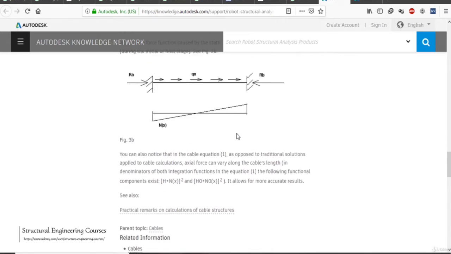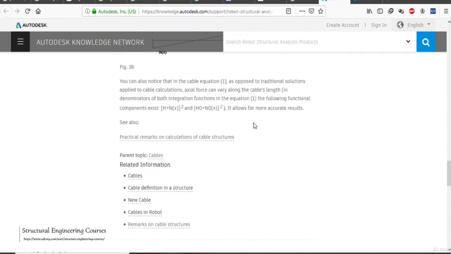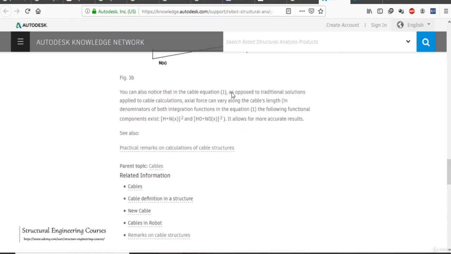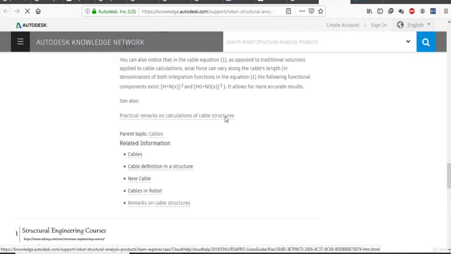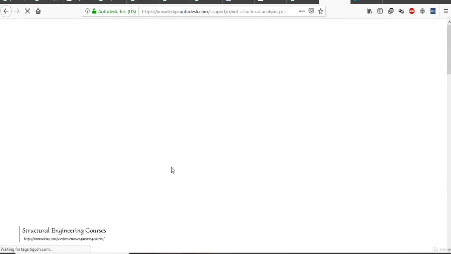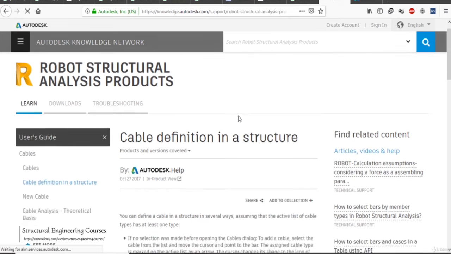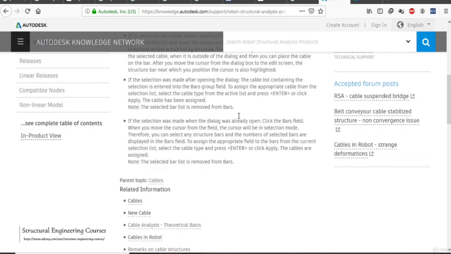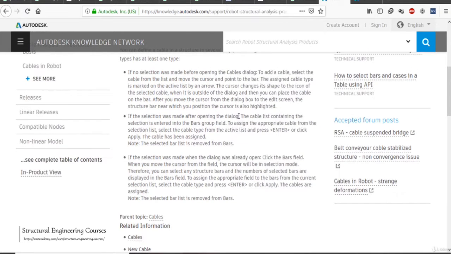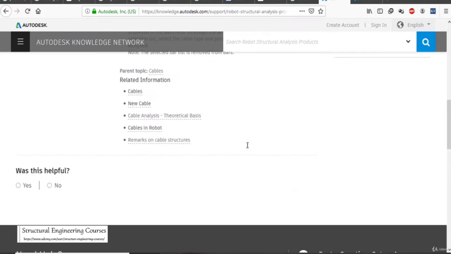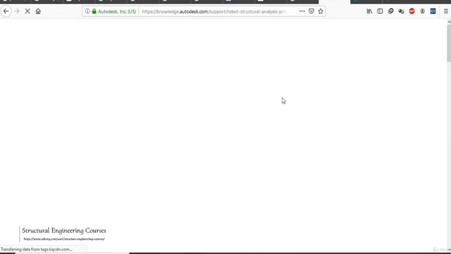After that we can also study all the other parameters. So we can also open some other related information here. This is just information on what basically the cable definition is, and if we want to see the remarks also.